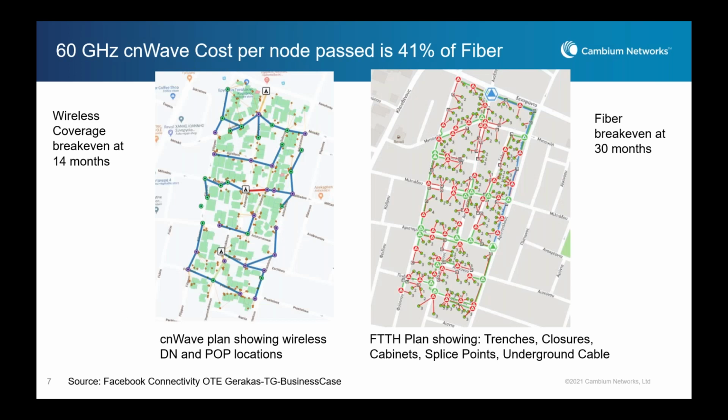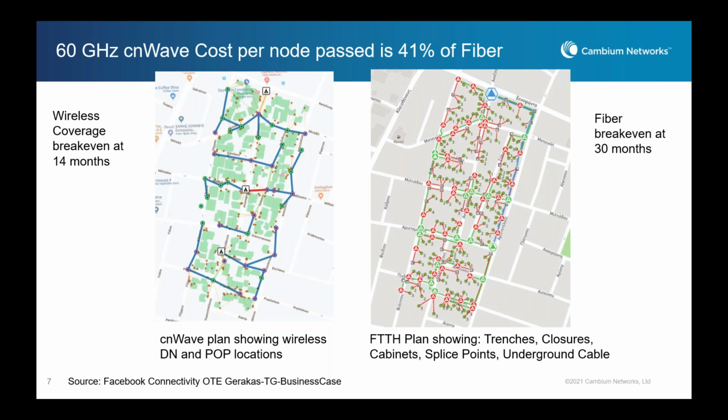So in addition to all the different options you have for wireless, 60 gigahertz is a great option depending on the application and the type of topology you're deploying. Where it really comes into play is that it is a great alternative to fiber. And this is an example that comes from Facebook Connectivity that says that in a very specific study with detailed design, the deployment cost is about 40% of the cost of fiber. That's the equipment cost.